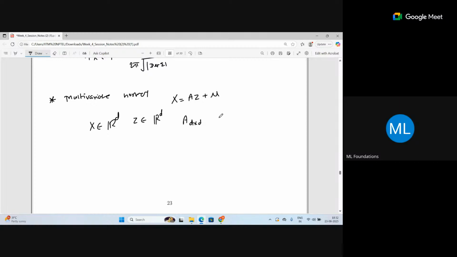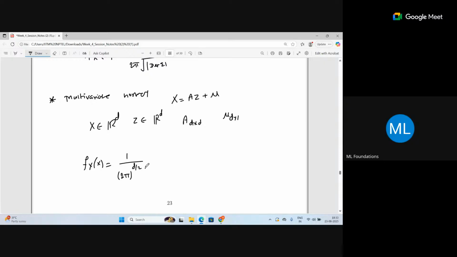Mu is a vector; in this case it will not be a constant, it will be a vector of d cross 1. Now, if x equals A z plus mu, what will the joint density look like? f_X(x) will be equal to 1 upon, will it be 2 pi or 2 pi to the power d by 2?